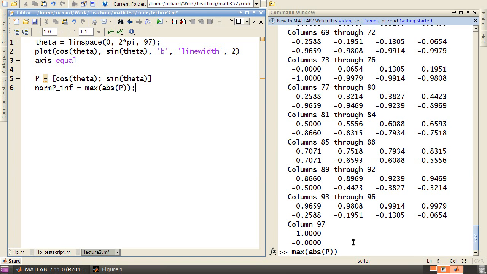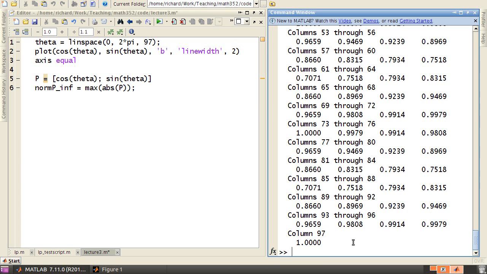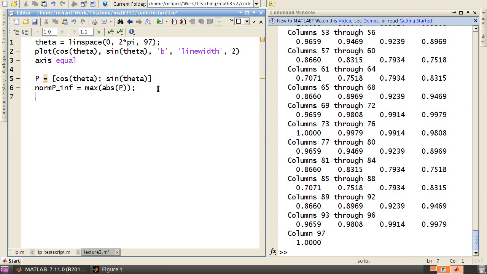So I've got my vector of norms. Now we want to scale all of our vectors in P to be unit vectors. So I'm going to take P, and I'll call them P inf. I have to divide each one by that scaling factor, the norm P inf that I just calculated. So P inf, we'll start off by making it P, and then we'll scale the first row and the second row individually.